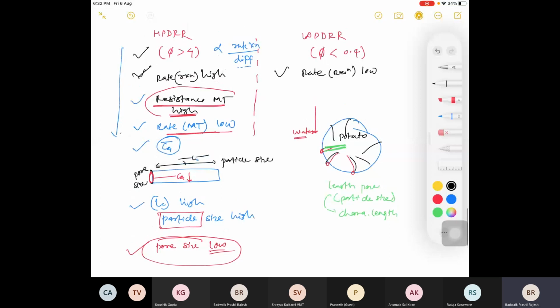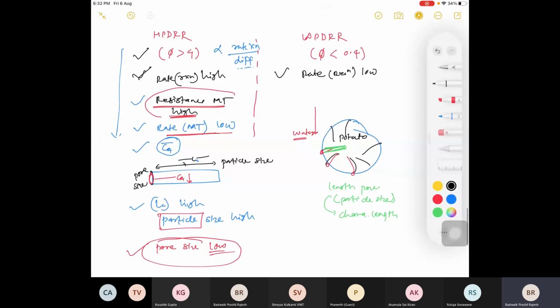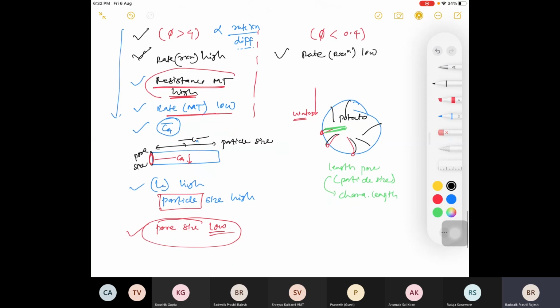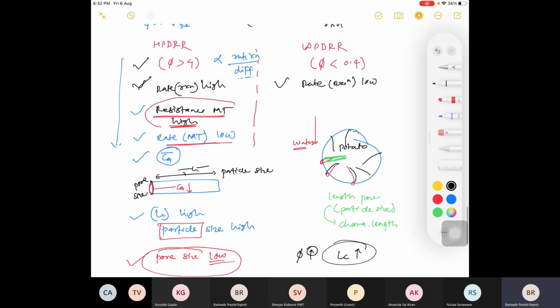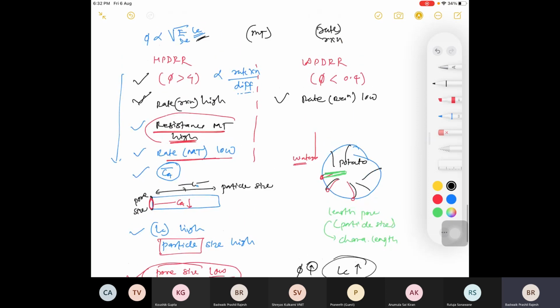Suppose there is a high pore diffusion resistance regime. That means resistance to mass transfer is high, and if resistance to mass transfer is high, that means your size of pore is low. So these are corresponding statements only. And if there is a high pore diffusion resistance regime, then the Thiele modulus is high, and that's why your characteristic length will be high, because in the definition of Thiele modulus there is characteristic length.